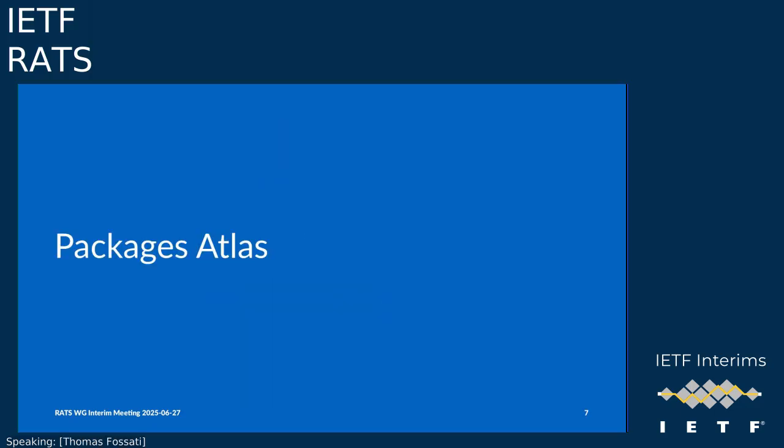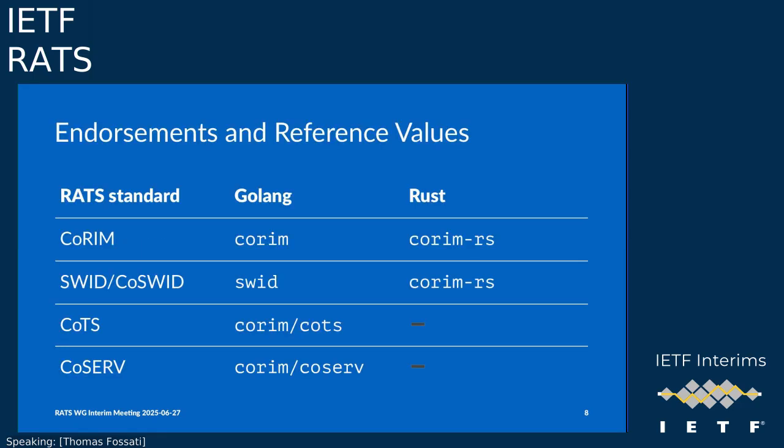So next, I want to give you an atlas of all the packages that we have, broken down by conceptual messages, starting from endorsement and reference values. These are the standards that we implement: CoRIM, CoSWID, CoTS, and CoSERV. As you can see, Golang ticks all the boxes, and these are the names of the actual packages that implement those.